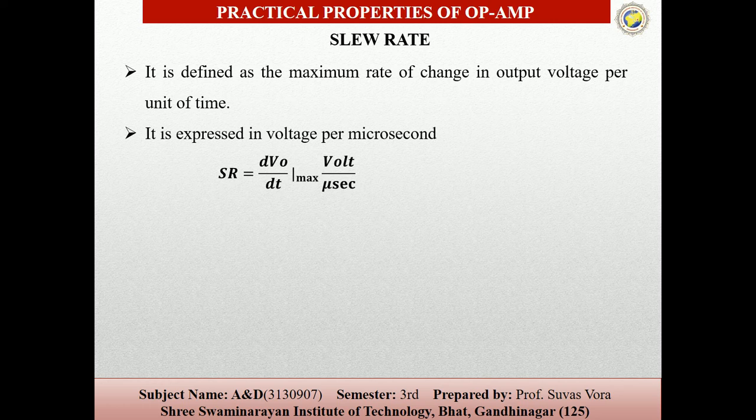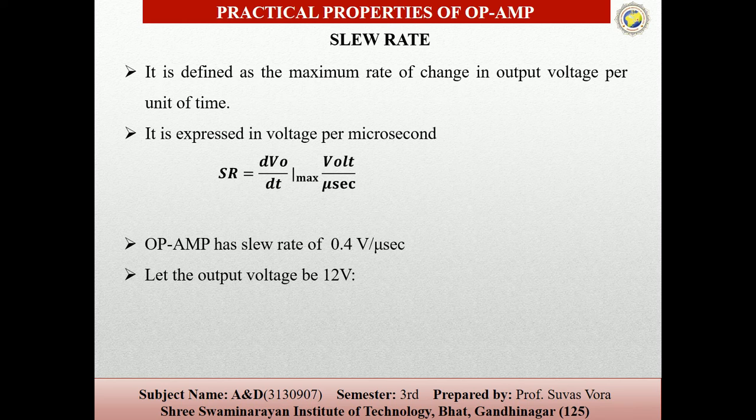The equation is slew rate equals dV0 by dt, maximum value. It indicates how fast the output changes with the change in the input frequency. The op-amp slew rate is 0.4 volts per microsecond.